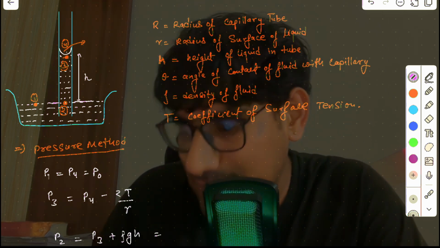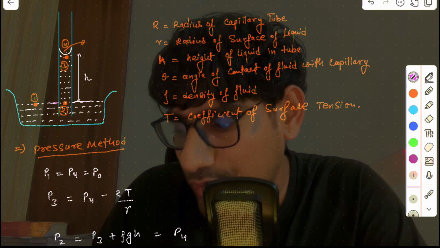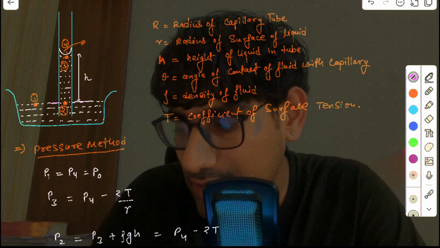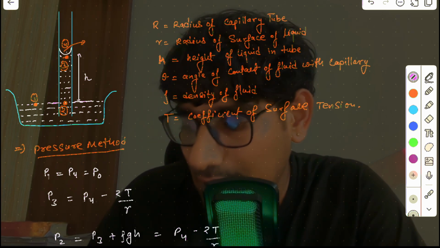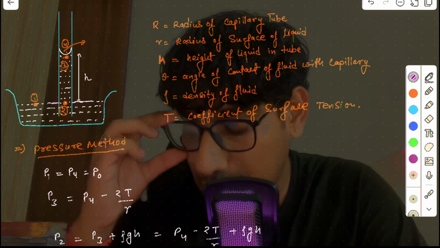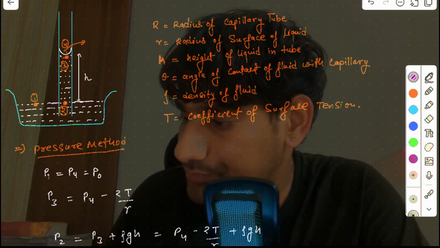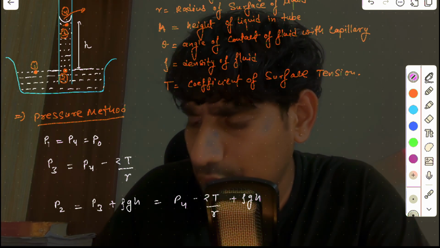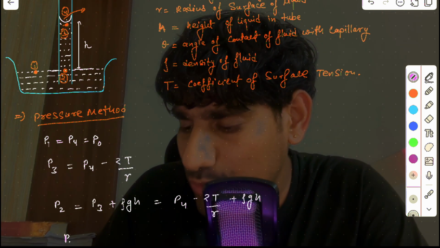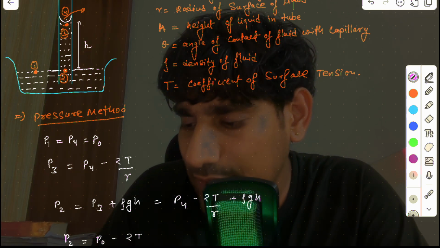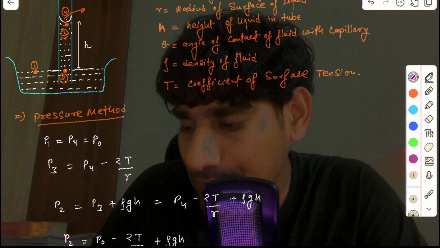Which is the pressure at the point 4 minus 2T divided by R, and plus we are going to add the rho gh term in that. Okay, then the pressure at the point 4 is P naught. All right, so the pressure at 2 is P naught minus 2T divided by R plus rho gh.